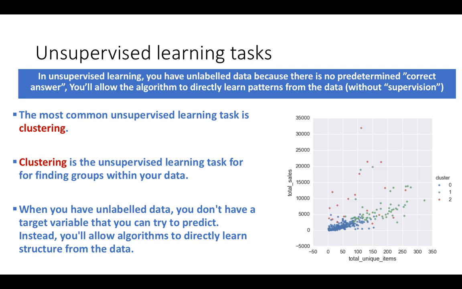In unsupervised learning, as we told, you have unlabeled data because there is no predetermined correct answer. There is no target variable. So you allow the algorithm to directly learn patterns from the data without supervision. That's why we are referring to it as unsupervised learning. There is no ground truth.